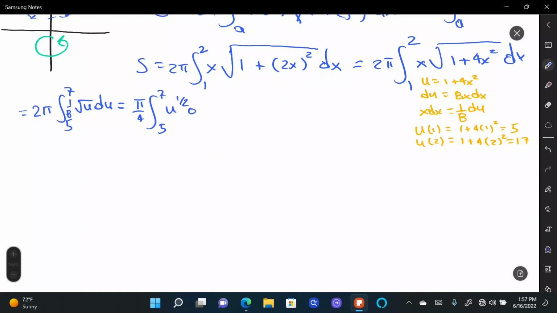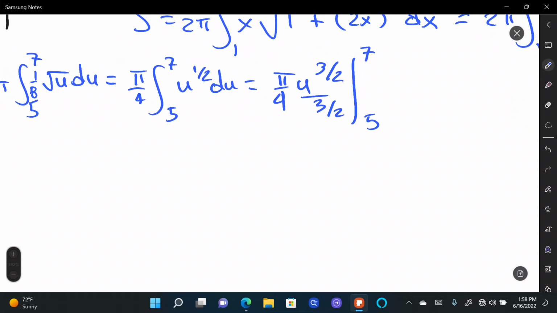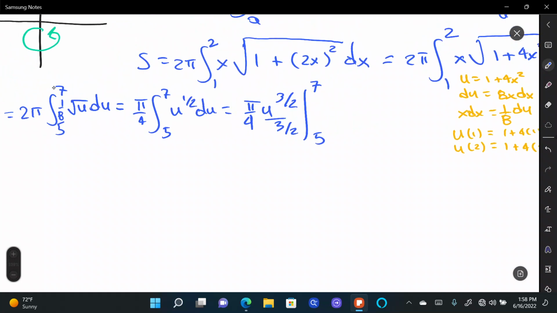So pi over 4 times the integral of u to the 1/2 du, which is u to the 3/2 over 3/2 from 5 to 17.